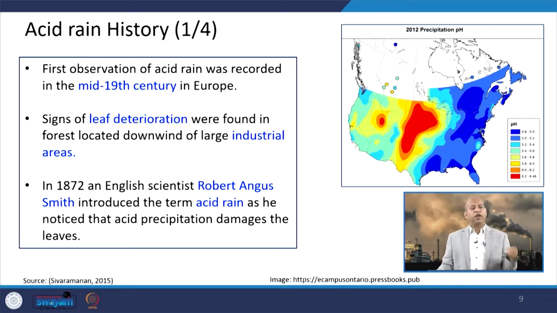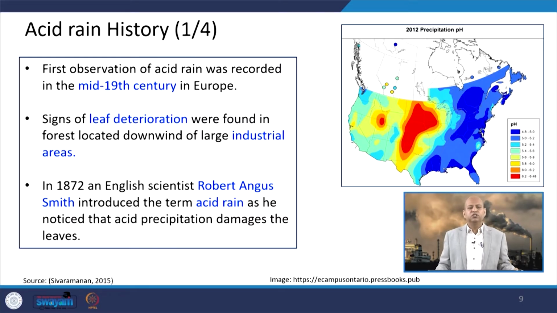The Black Forest of Germany was completely devastated by acid rain, which occurred because of emissions of sulfur and other oxides in England. It was later proved, and a treaty was signed between Germany and Great Britain that those emissions must be curtailed, so that the deterioration of the Black Forest because of acid rain could be stopped. Those kinds of historical events are there.